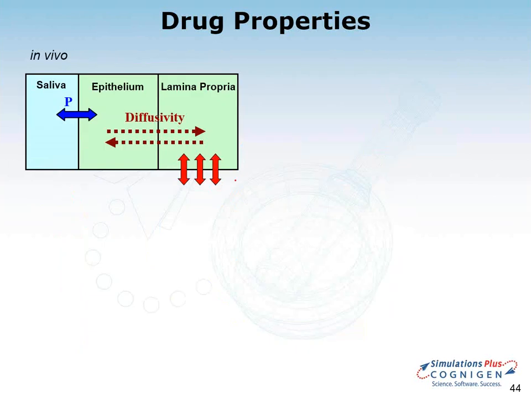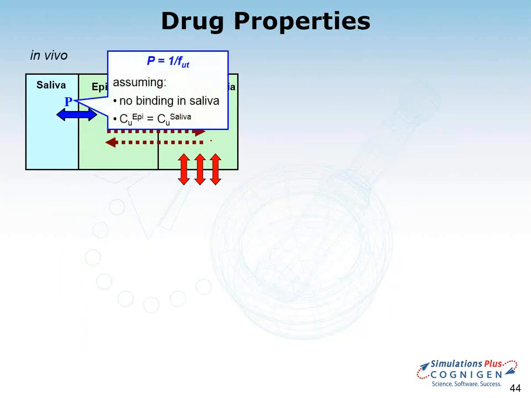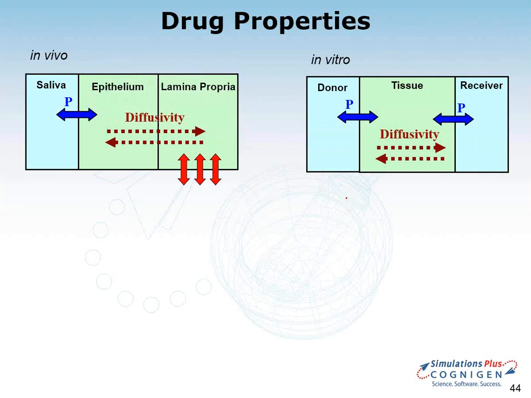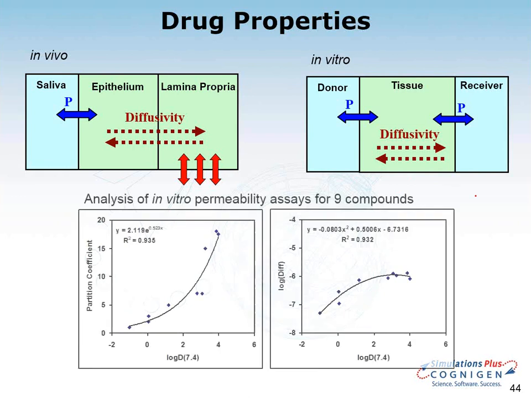And here, these parameters, again, similar to the dermal dosage forms, could be obtained from your in vitro experiments in Franz cells or any other diffusion experiments through the tissue slices. And that's what we did when coming up with default relationships for predicting these partition coefficients and the diffusivities.